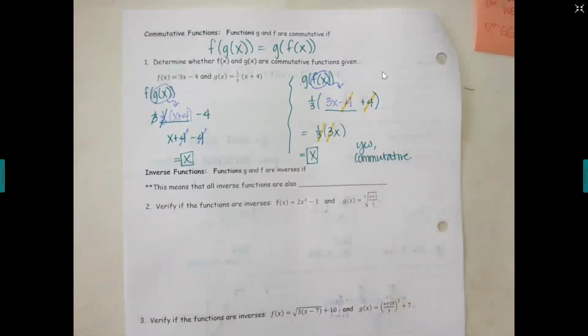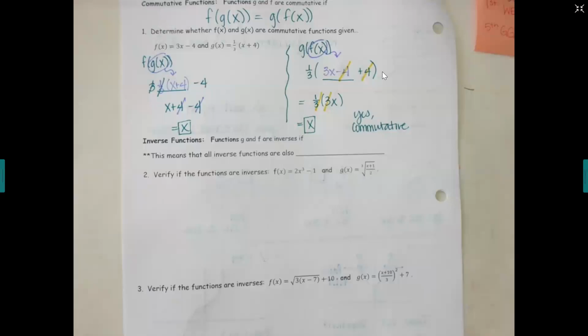Okay. And what I just explained to you should always happen if your functions are inverses. So if on your homework it says verify if the functions are inverses, basically just plug them into each other. If they come out the same, the answer is yes.